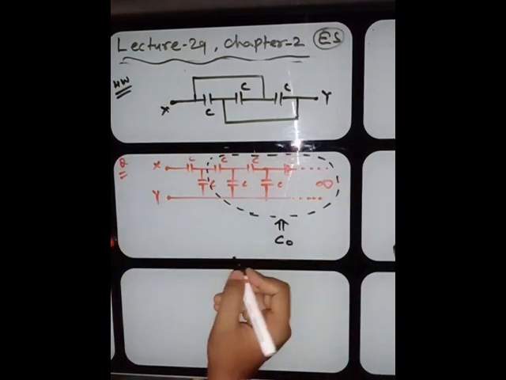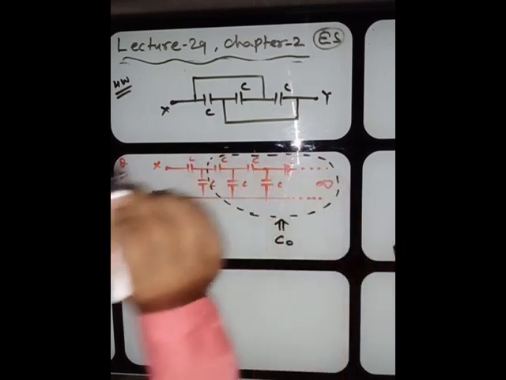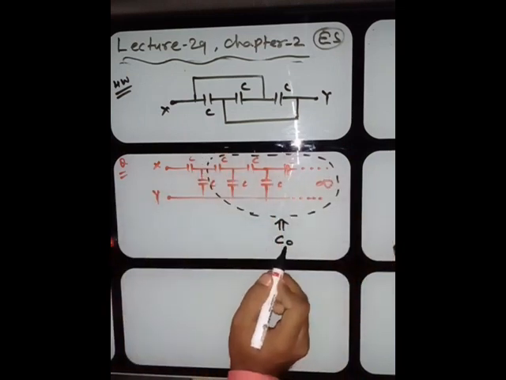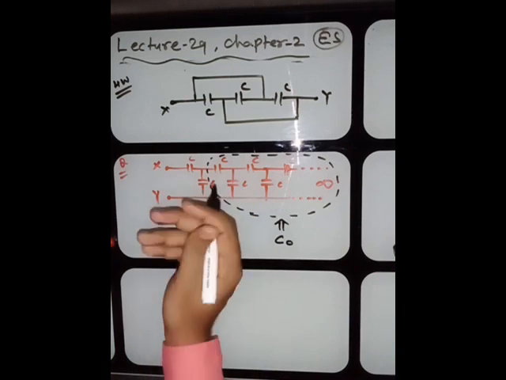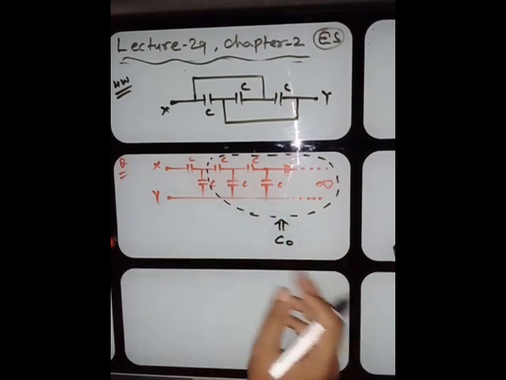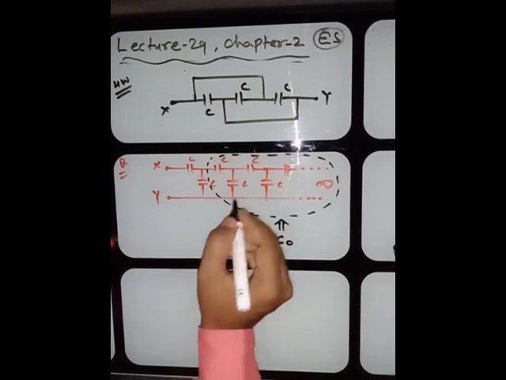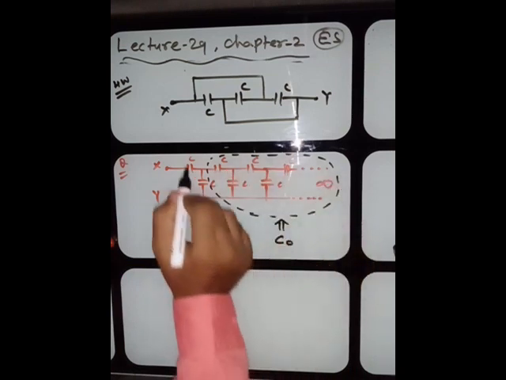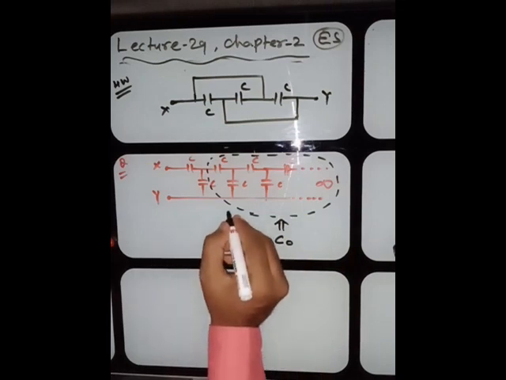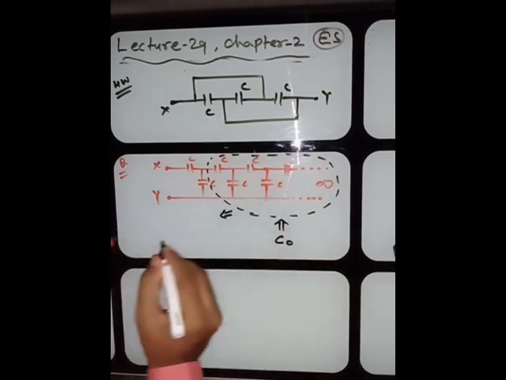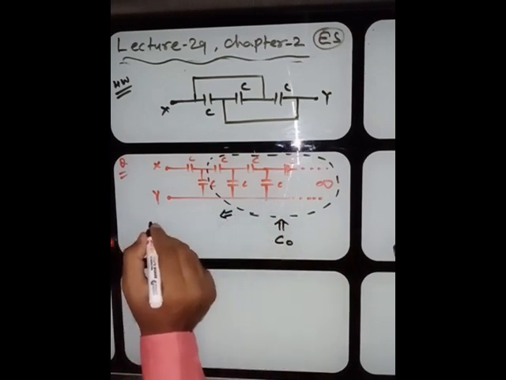Again, C naught. And this one is also C naught, because in C naught, if you add or subtract something, that will not affect much. Due to this consideration, the circuit looks like this one.